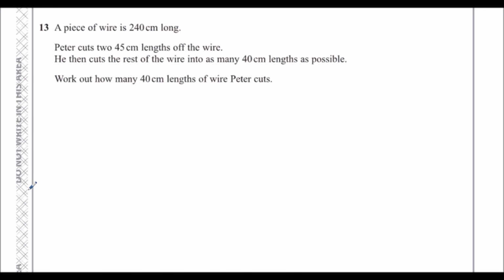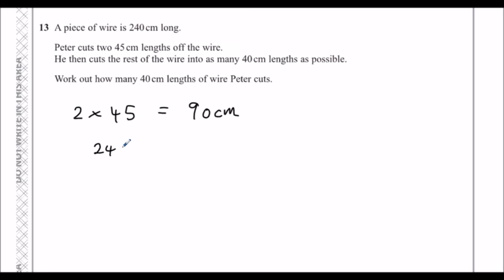Okay, question 13. A piece of wire is 240 centimeters long. Peter cuts two 45-centimeter lengths off of the wire. He then cuts the rest of the wire into as many 40-centimeter lengths as possible. How many 40 centimeters can he make? So he's cut two 45s off. Two 45s make 90 centimeters.